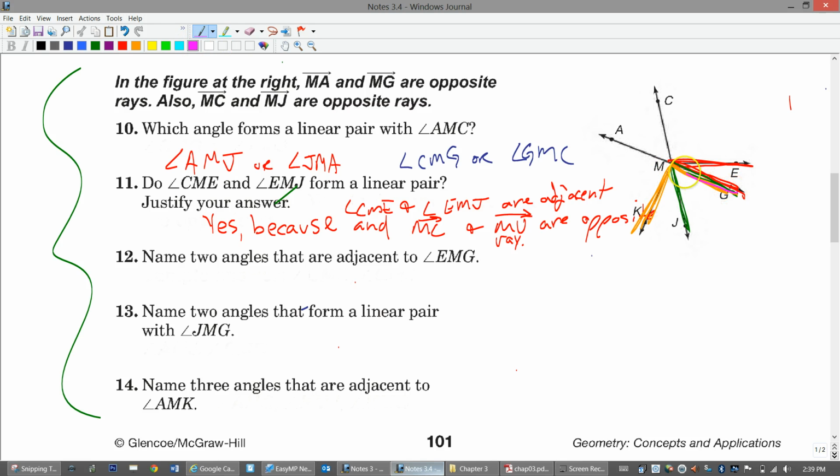A third one would be GMA. There's lots. We could keep going. We could go EMC. We go EMA. And that's all of them. Lots. And JMG.